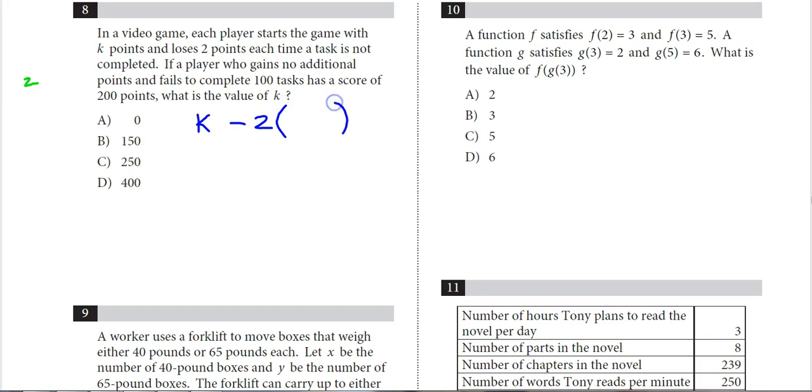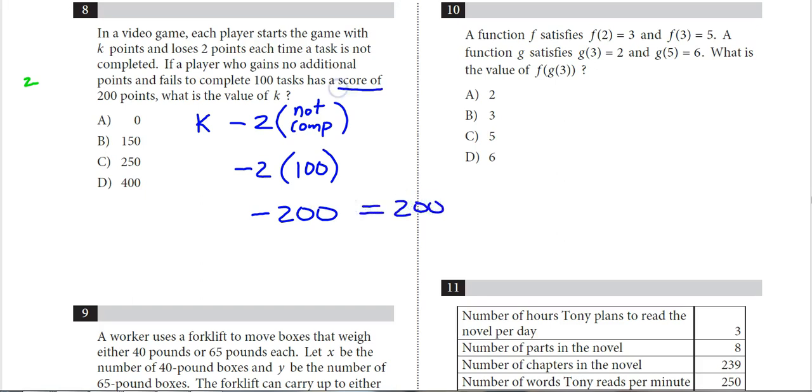It says if a player who gains no additional points fails to complete 100 tasks, well, I lost 2 points times 100 tasks. So that means I lost 200. And at the very end, you end up with a score of 200 points. So what did I start with? Well, the only number that could work there is I must have started with 400 points in order to end up with 200. So the correct answer there is D.